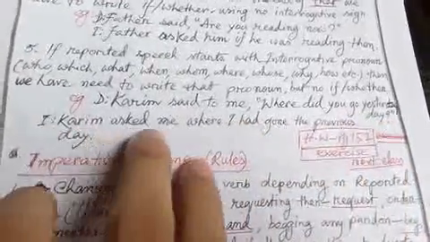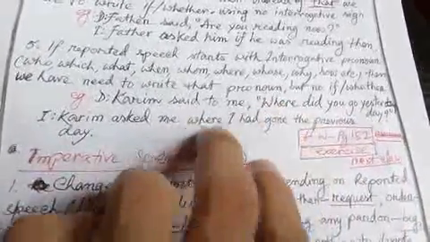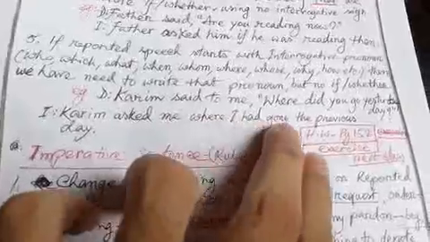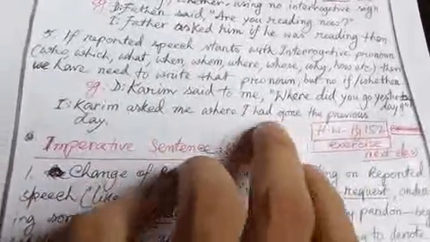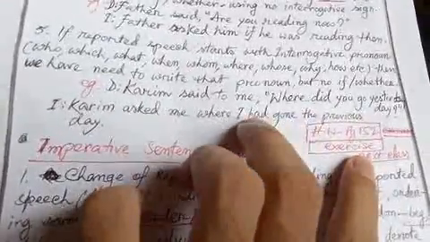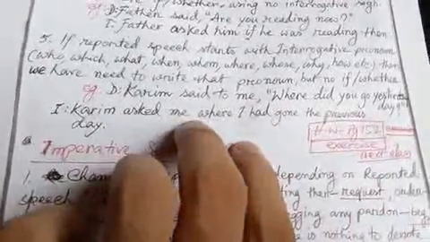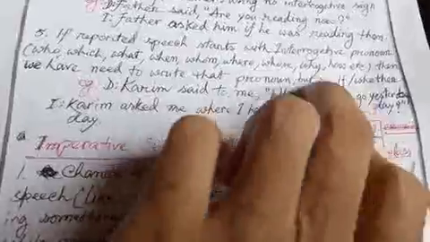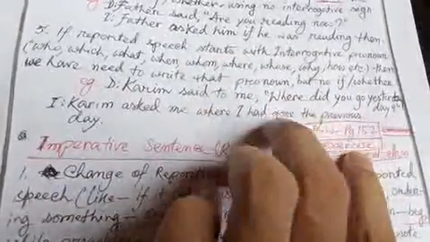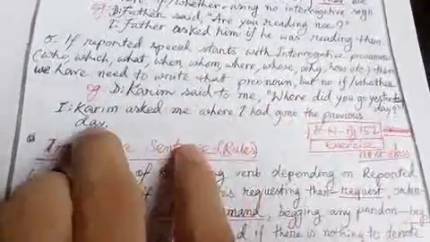It will be: Karim asked him where he had gone the previous day. "You" becomes "I", changed. Okay, so there is a past form, and this should be past perfect form. I had gone the previous day.